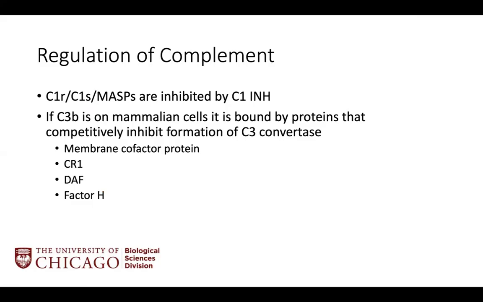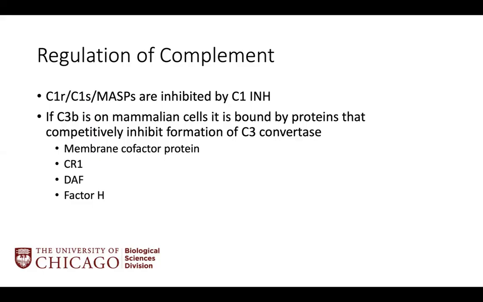Okay, so let's step back a minute and talk about regulation of this whole system. Remember I said this happens when there is a microbial cell present. If it's mammalian cells, then it is unlikely to progress and that cascade to happen. There are things that turn that off. So remember MASPs in the lectin pathway are analogous to C1r and C1s in the classic pathway.